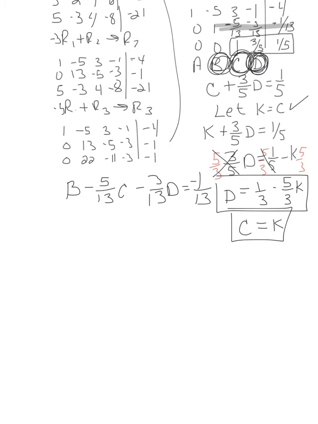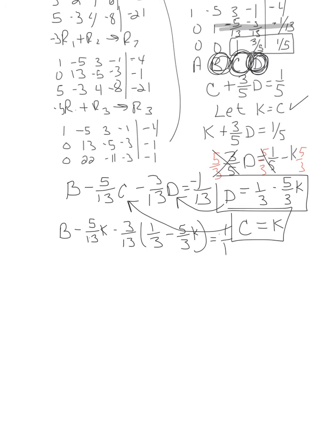Okay, well, let's see. I want to solve that for b. I can substitute a k right there, and I need to substitute all that stuff in for d. So really I have b minus 5/13 k minus 3/13 times this d number, which is 1/3 minus 5/3 k, equals negative 1/13.